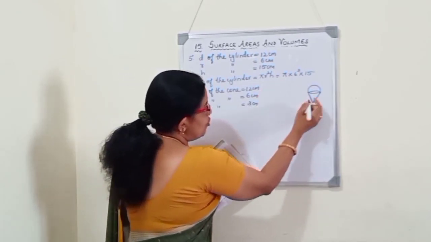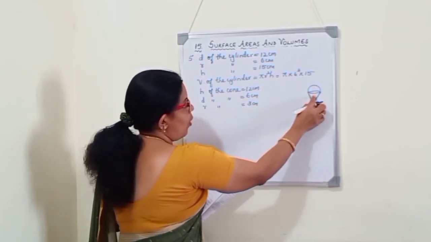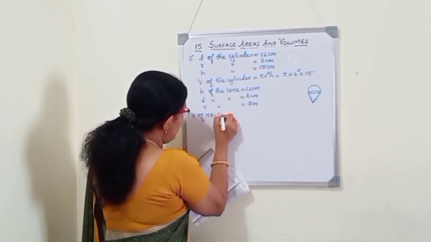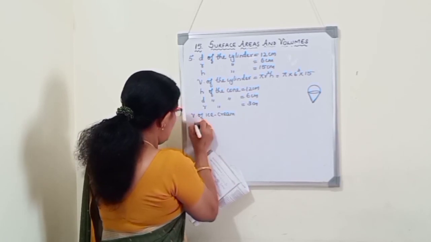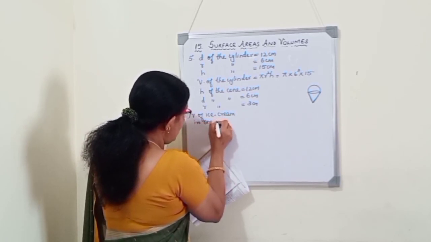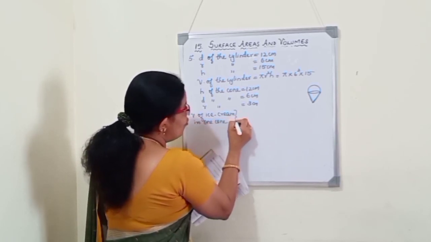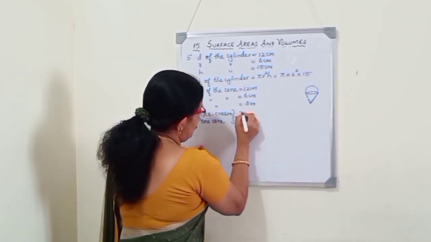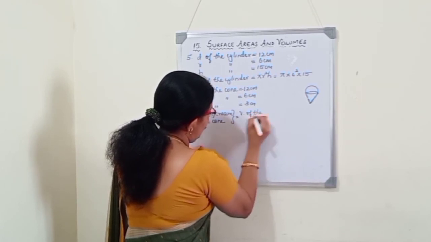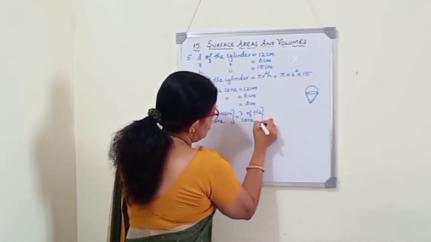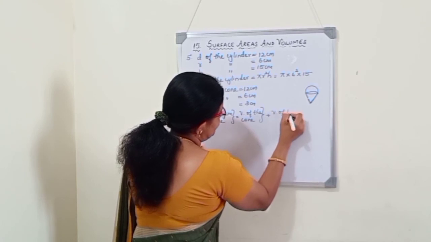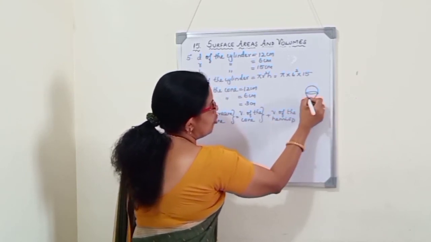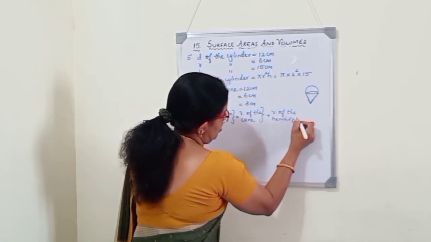That is the question. So to find the volume of the ice cream in one cone, volume of ice cream in one cone will be equal to volume of the cone plus volume of the hemisphere, because they already told the top part is in the shape of a hemisphere.